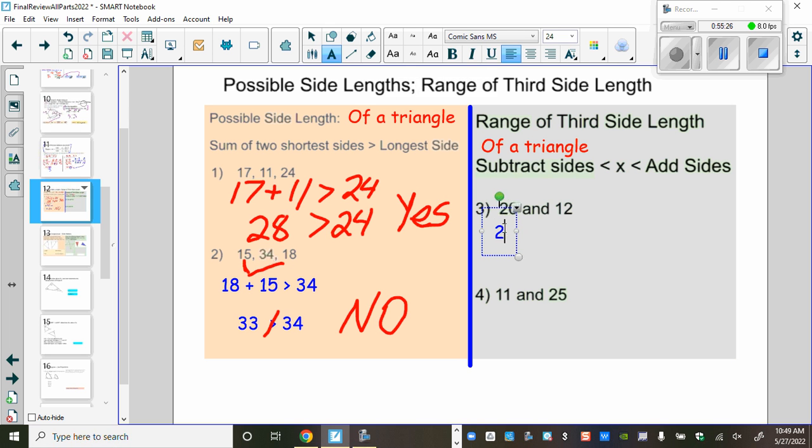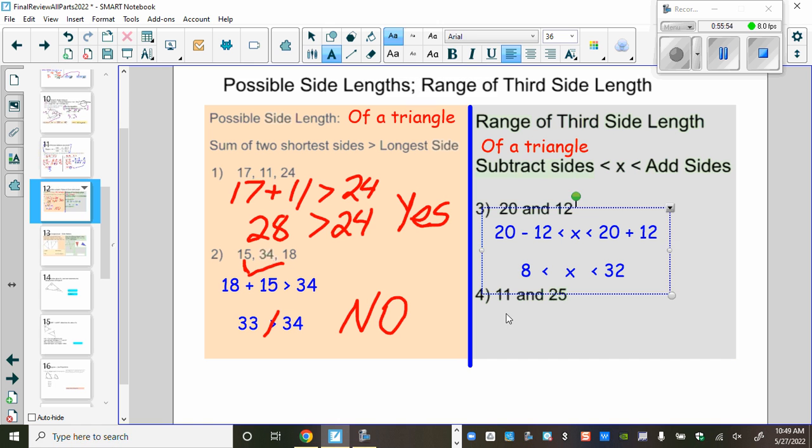All you do, 20 minus 12 less than x less than 20 plus 12. That's all you do. This one wasn't so bad because the numbers are in order. The other one you have to be a little careful.